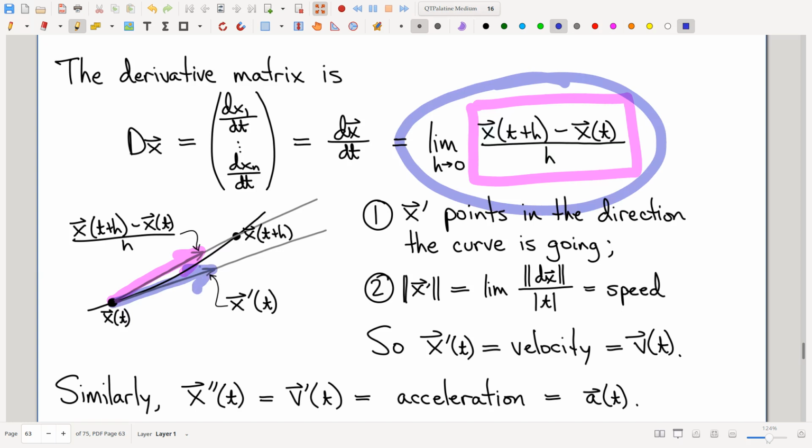We'll have a vector that is pointing exactly the direction that the curve is going. Or you might say, keeping in mind a parametric curve represents the motion of position, that this represents the direction of motion of the parameterization. Is that cool? Okay.